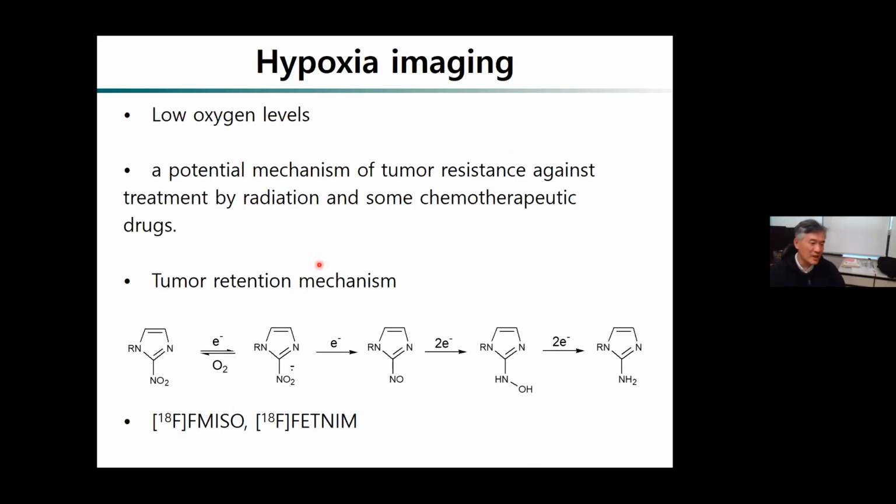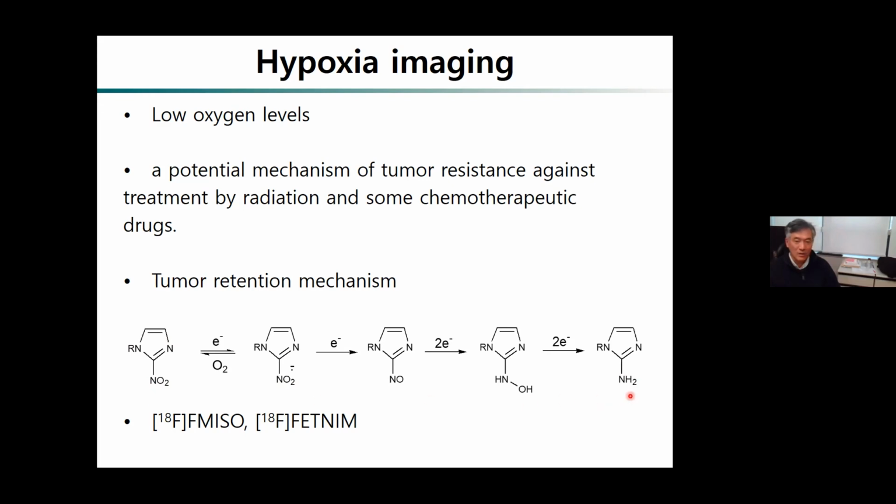And hypoxia imaging using 2-nitroimidazole derivatives that are labeled with F18. F-MISO has one nitro group in this kind of imidazole compound, and that is reduced up to amino.